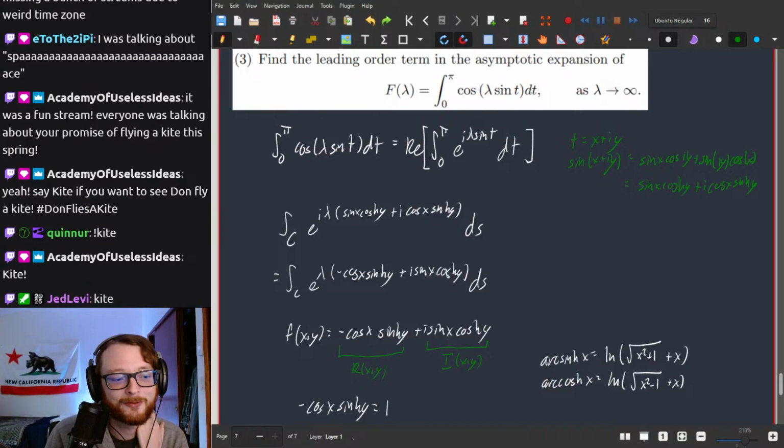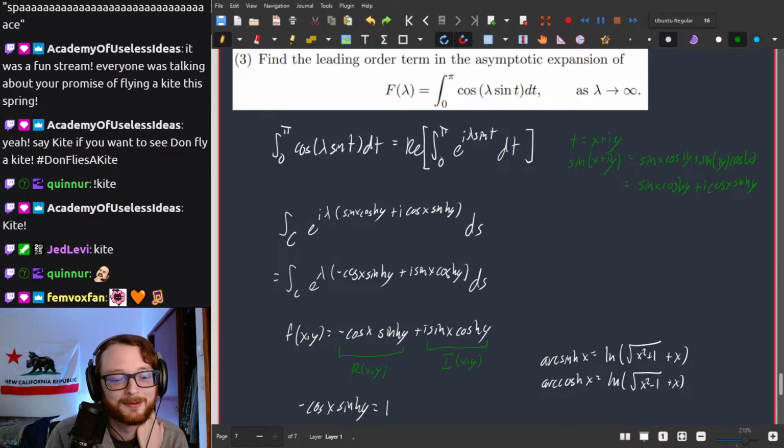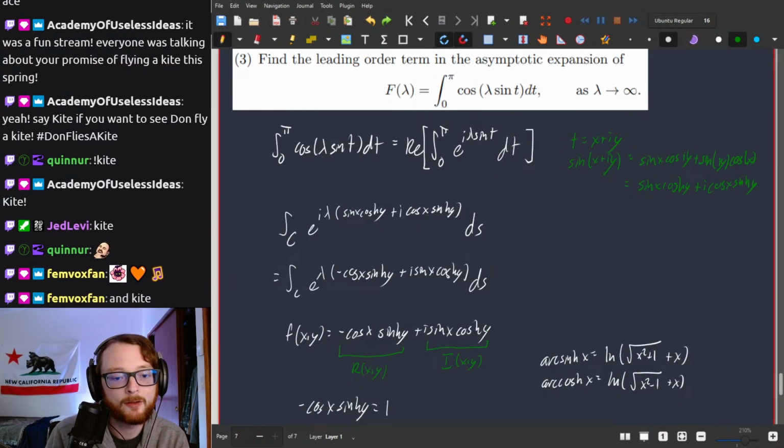And so the first step in using the method of steepest descent is to let your variable be a complex variable, and then whatever's in the exponent here, we're going to draw level curves of the real part and the imaginary part.